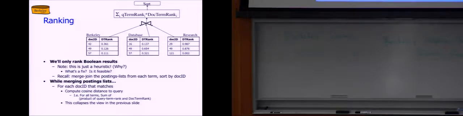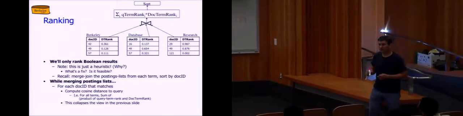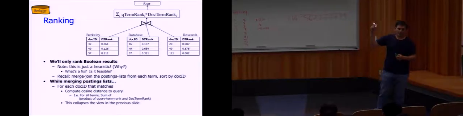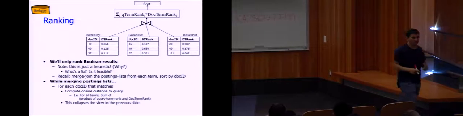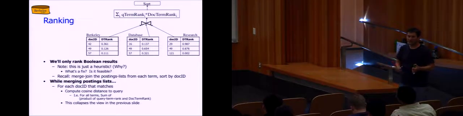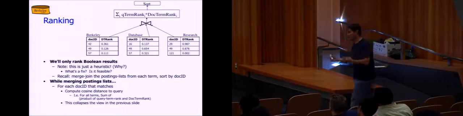So what do we do about that? Well, this computes things that have the conjunction of all three. What might we want to add to the output of this query? How about documents that only have 2 out of the 3, or documents that have only 1 out of the 3.